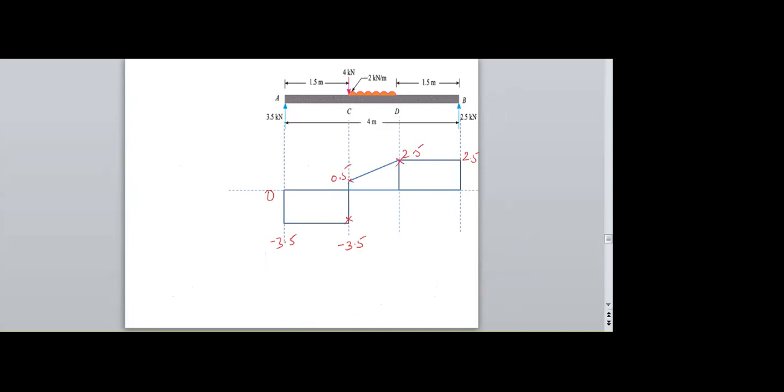I am getting the values of 0 first, and next a positive 2.5, and again a positive 2.5, and again a positive 2.5, and next a positive 0.5, next I am getting a negative 3.5, and again 0.5, again 0.